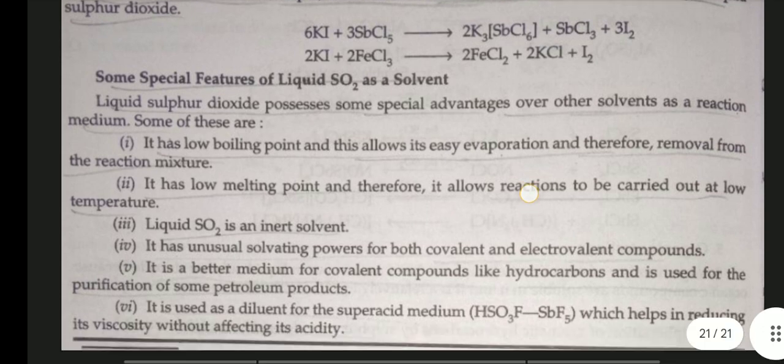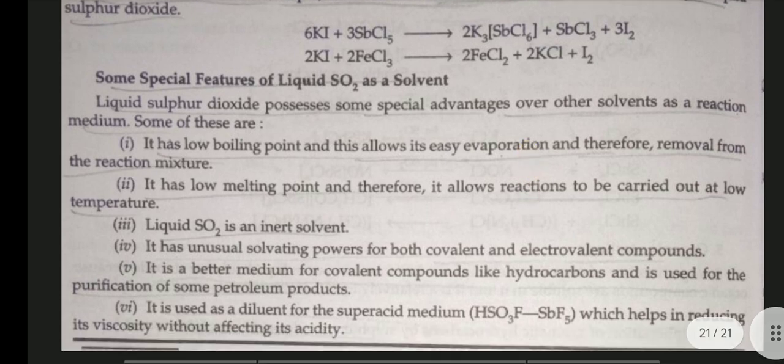Liquid SO2 is an inert solvent. It has unusual solvating power for both covalent and electrovalent compounds. It is a better medium for covalent compounds like hydrocarbons and is used for the purification of some petroleum products. It is used as a diluent for the superacid medium, which helps in reducing its viscosity without affecting its acidity.